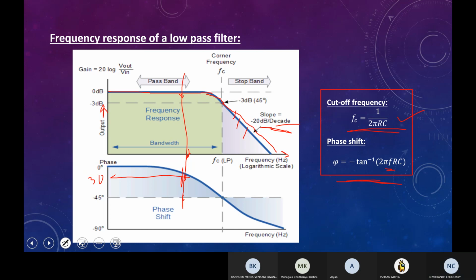At the cutoff frequency, F is 1 by 2 pi RC, so everything cancels, it would be minus tan inverse 1, so phi would be minus 45 degrees.